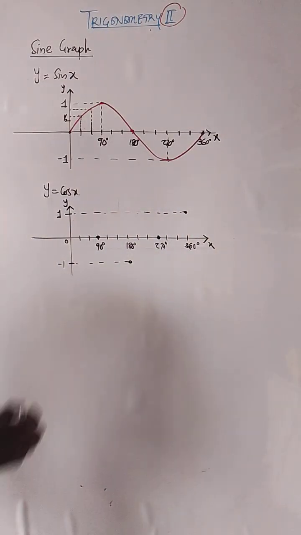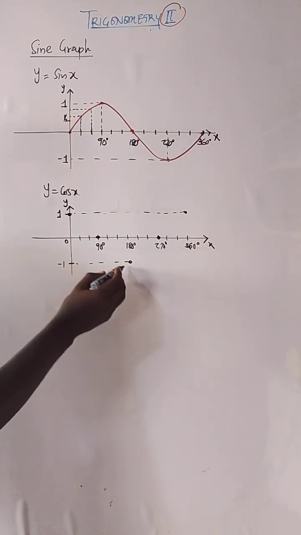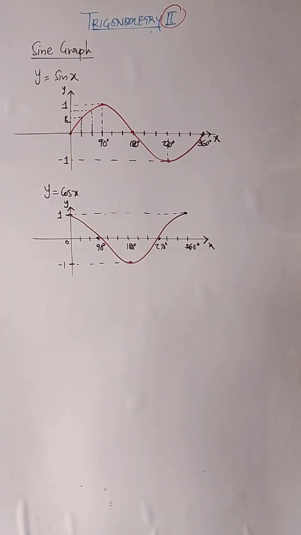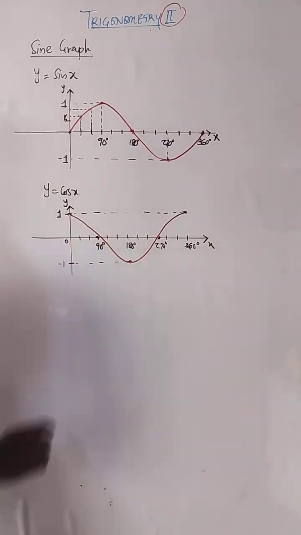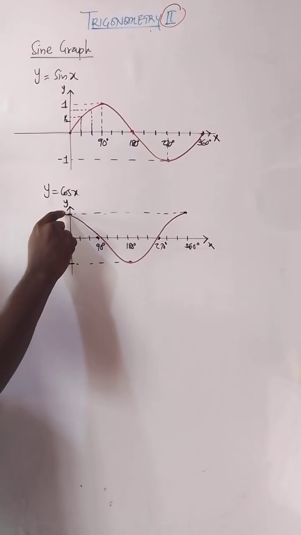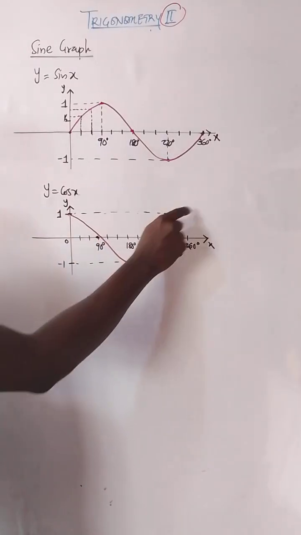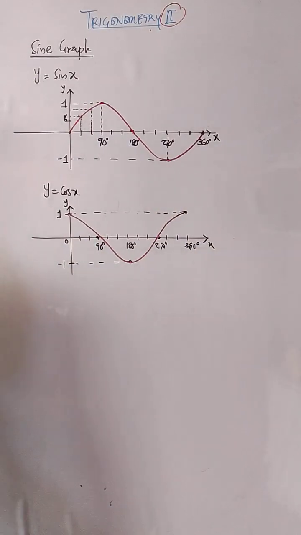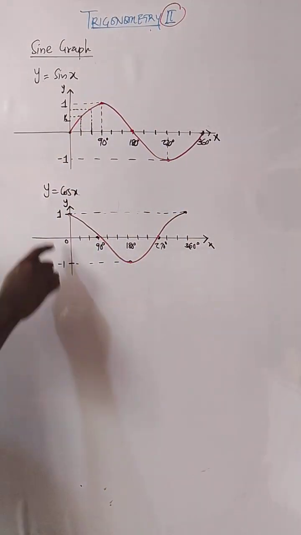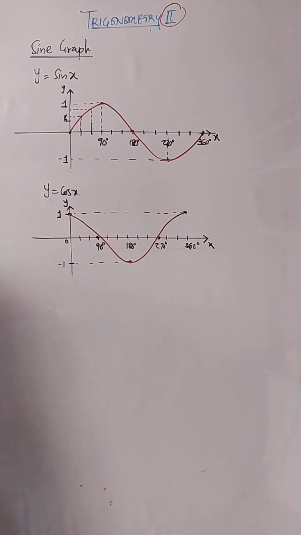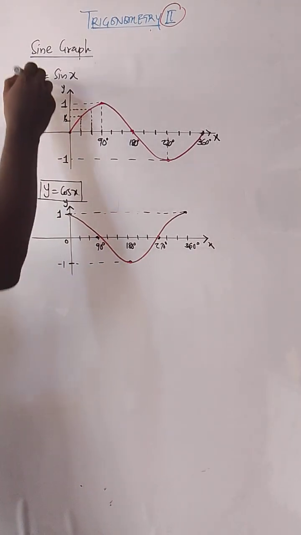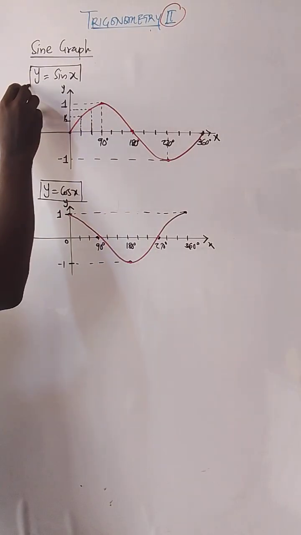If you join all the points together, the cos graph looks like this. Just note that the graph starts from the amplitude, goes back to negative, then back to the amplitude. So the sine graph starts from the origin, while cos starts from 1, the highest value. So this is y equals cos x, and this is y equals sin x.